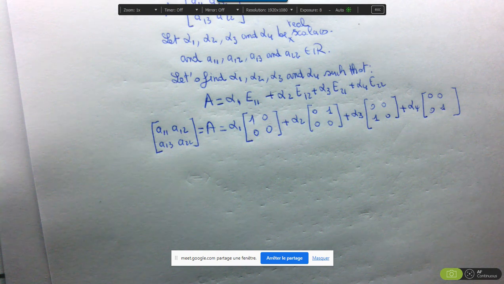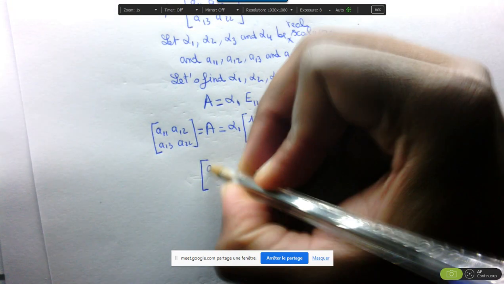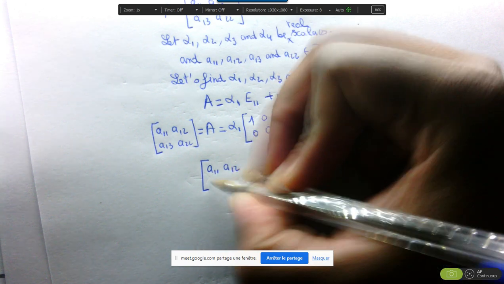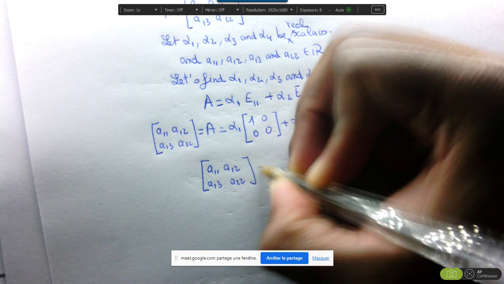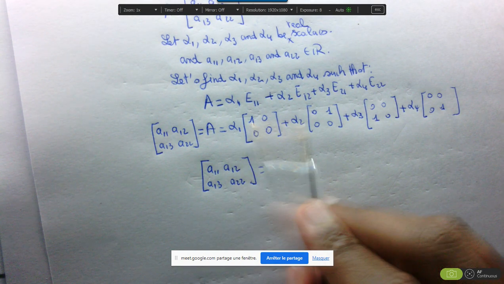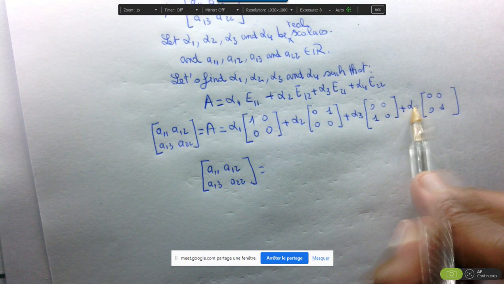And if I do so, here is what I get. So a11, a12, a21, a22. Alpha 1 comes in here, alpha 2 comes in here, alpha 3 comes in here, alpha 4 comes in here.